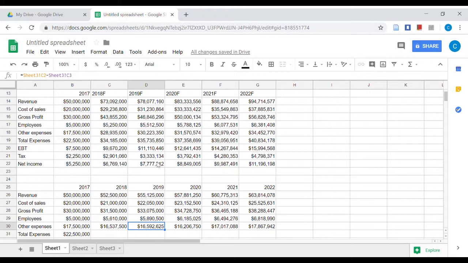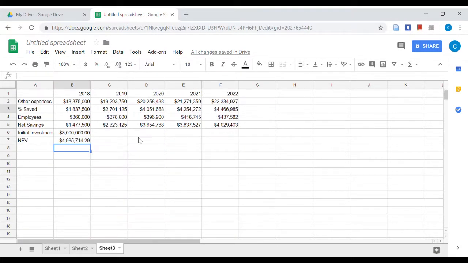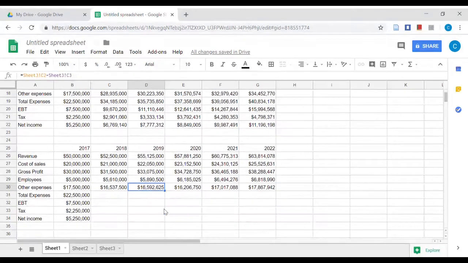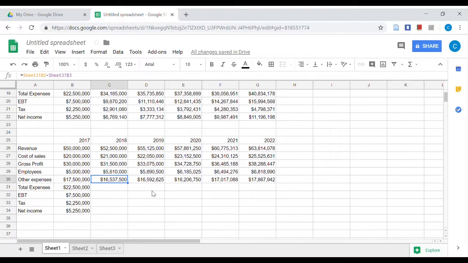Okay, then you notice it doesn't increase too fast because we're still improving efficiency here, right? Like it was 10% here, 14% here, then 20%. Then now our total expenses is going to be equal to our employees plus our other expenses.